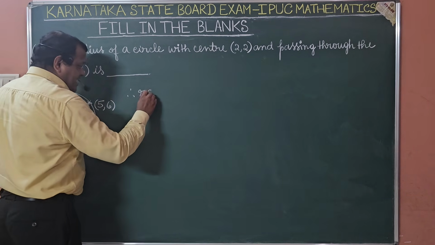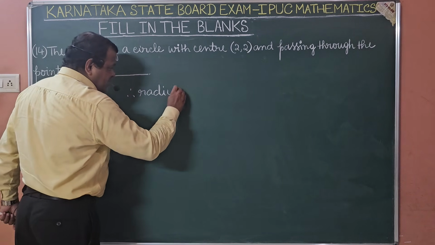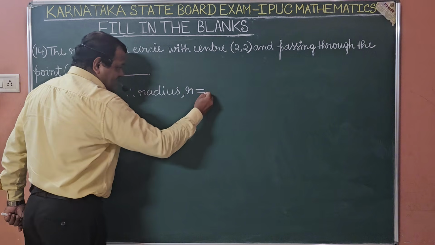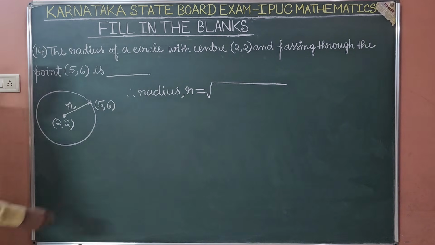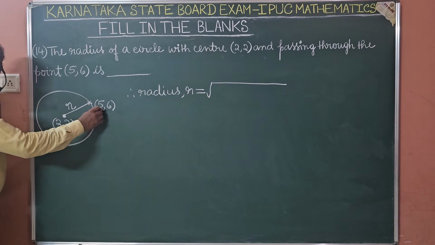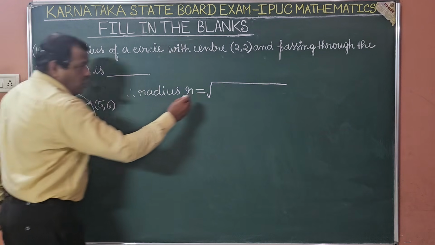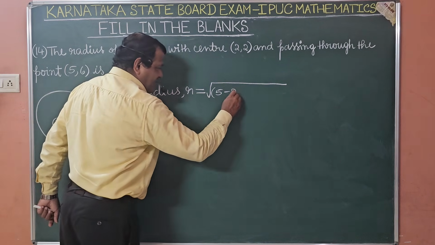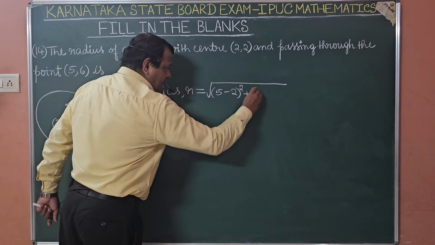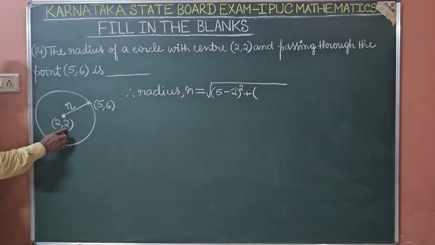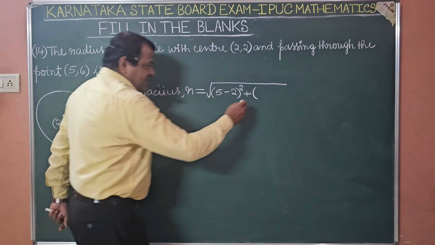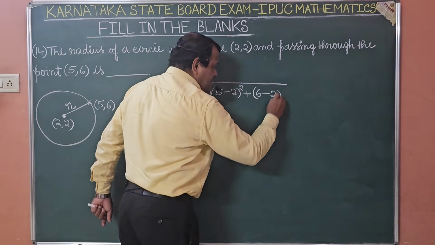Therefore, for radius r, I will use the distance formula. r is equal to square root of x2 minus x1 whole square plus y2 minus y1 whole square. See, x2 5 minus x1 2 whole square, so 5 minus 2 whole square, plus y2 6 minus y1 2, so 6 minus 2 whole square.